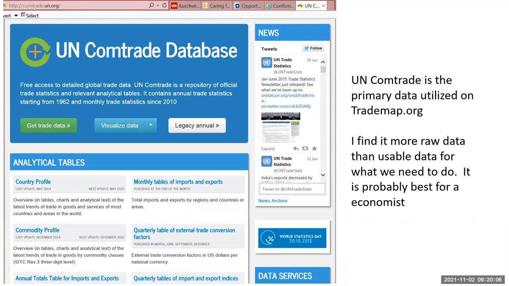Comtrade, a lot of the data that's used for the ITC is generated through Comtrade. So there's monthly data starting in 2010, annual data from 1962. There are crop reports on here, country profiles, commodity profiles.